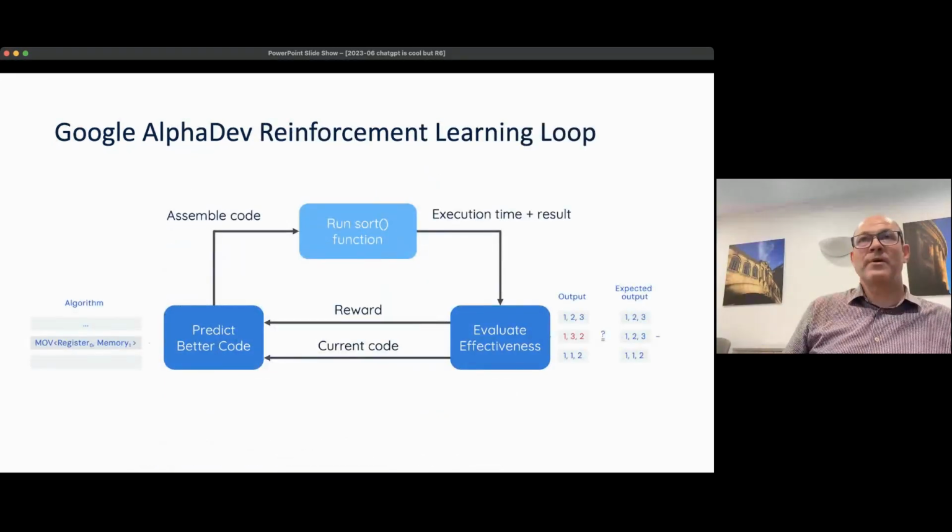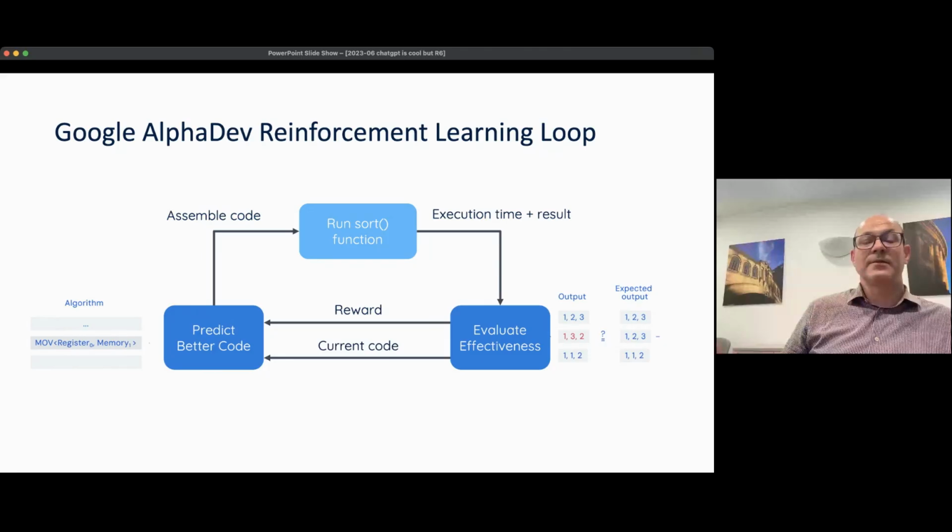The way that works is reinforcement learning. Essentially, you predict what better code is. In the case of AlphaDev, they're trying different mutations of the code, if you think about it that way. They assemble it, they run it, and they look at the execution time and the result. So they evaluate the effectiveness: was the output correct? Was it faster?